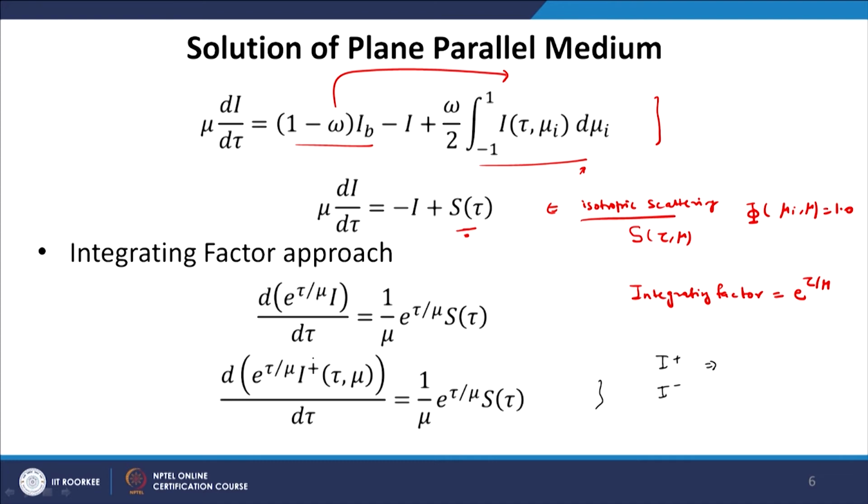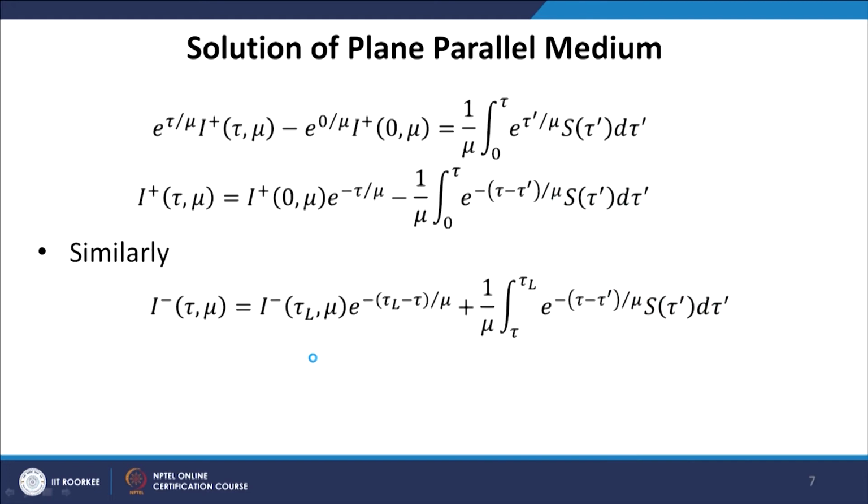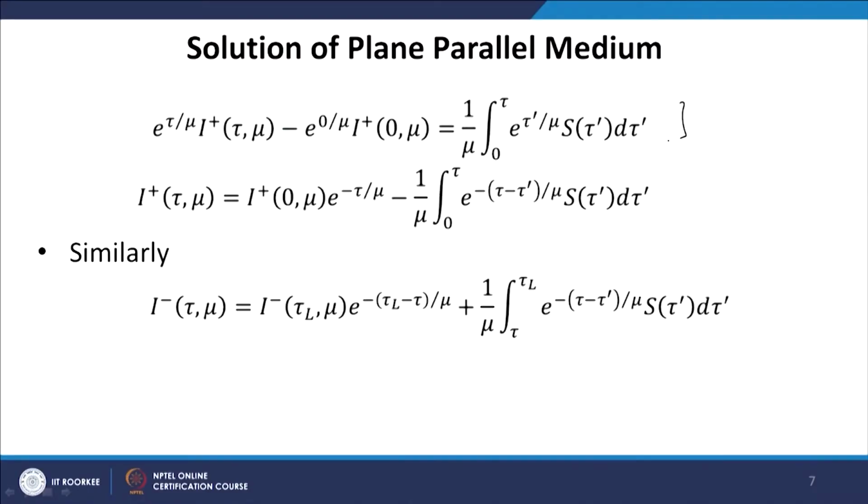So, I have written I as I plus as a function of tau and mu, and when we integrate this we get this solution. So, this is the solution of the differential equation that we multiplied by the integrating factor. So, e power tau by mu I plus minus e power 0 by mu, where tau is equal to 0 has been substituted, that means at the bottom wall.